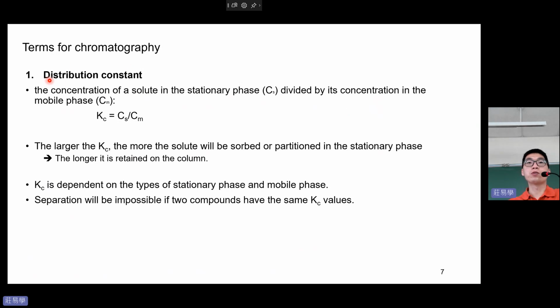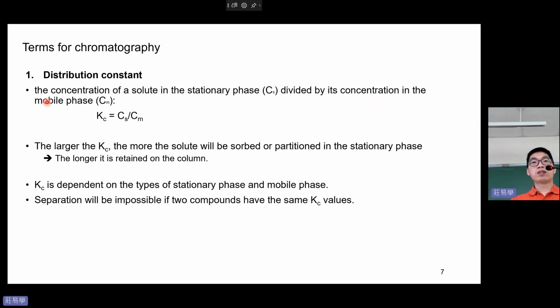we call it distribution constant. So the distribution constant is actually a partition coefficient. We have been talking about partition coefficient all the time. Basically, a partition coefficient reflects the relative affinity of your compound in two phases.